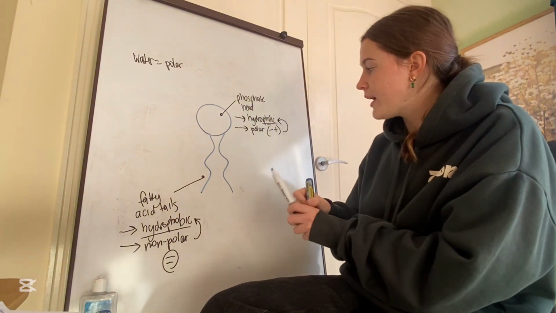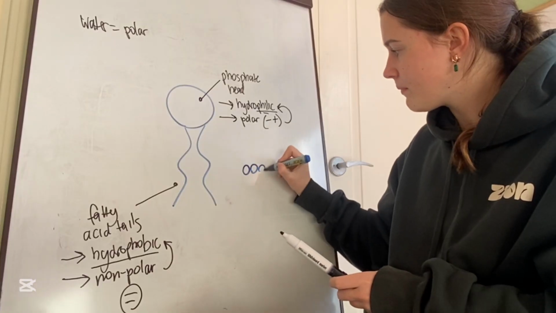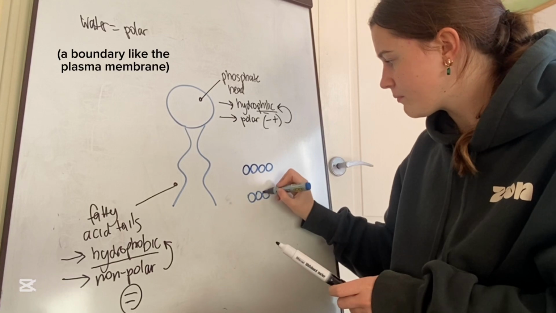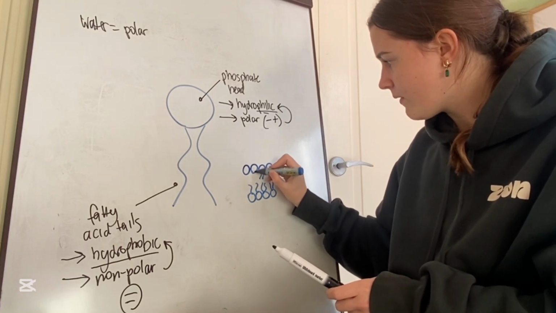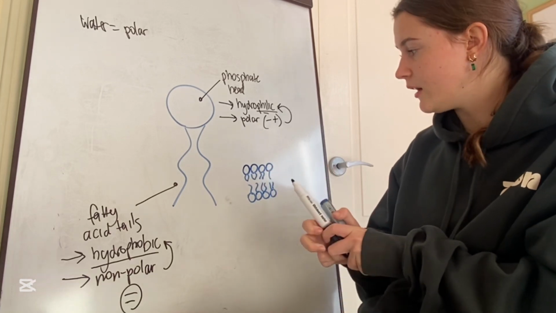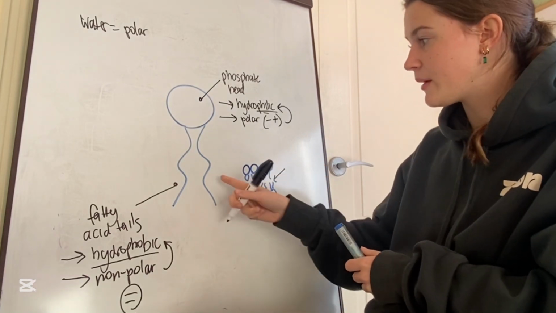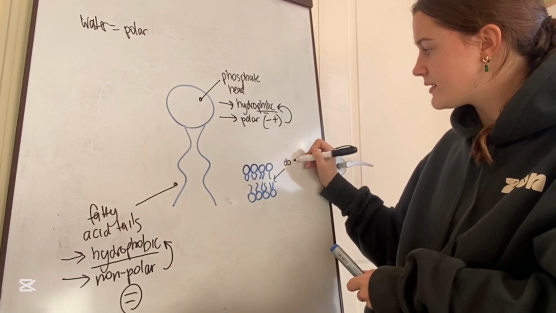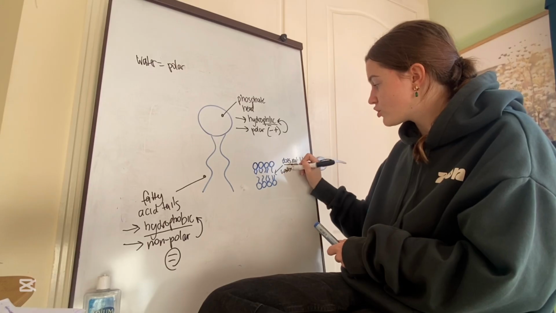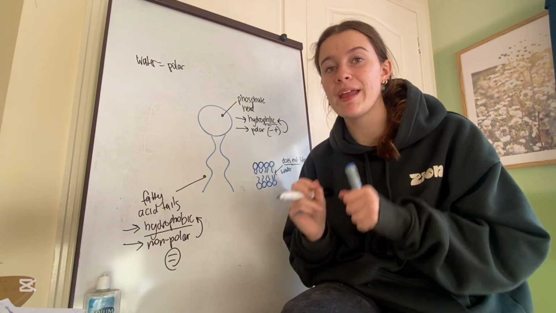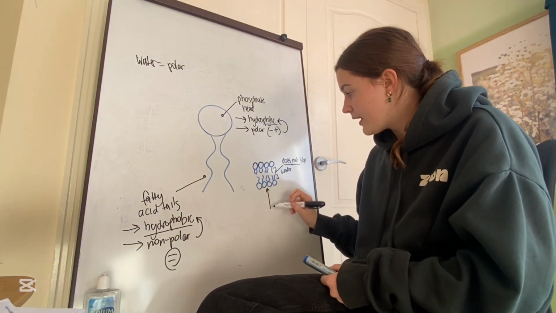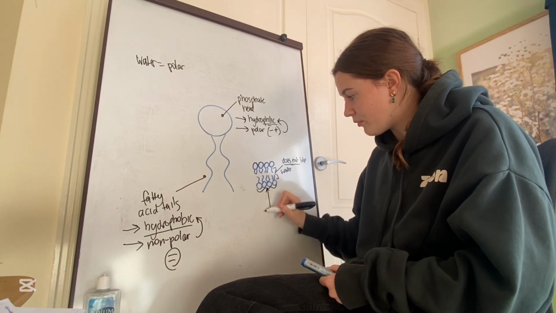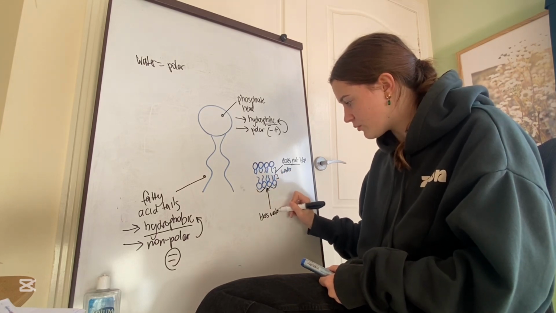So when you line them all up in a boundary, right, you have this area here that is made up of these tails that doesn't like water, so it does not let water in freely. However, here it does like water, so it attracts water.